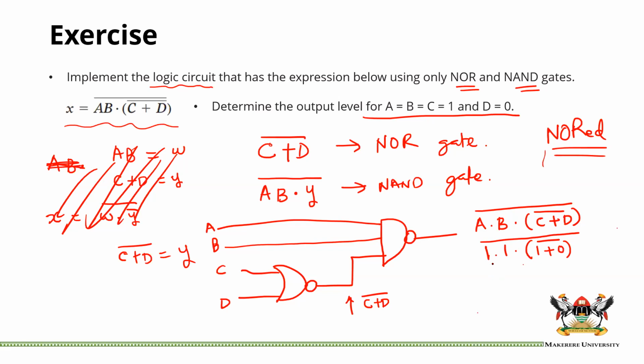You have 1 and 1 is a 1 anyway. 1 or 0 is a 1, which is inverted, and you have another inverter there. So you'd have 1 and 0 inverted. 1 and 0 inverted is 1 and 0 is actually a 0 inverted. You end up with a 1.